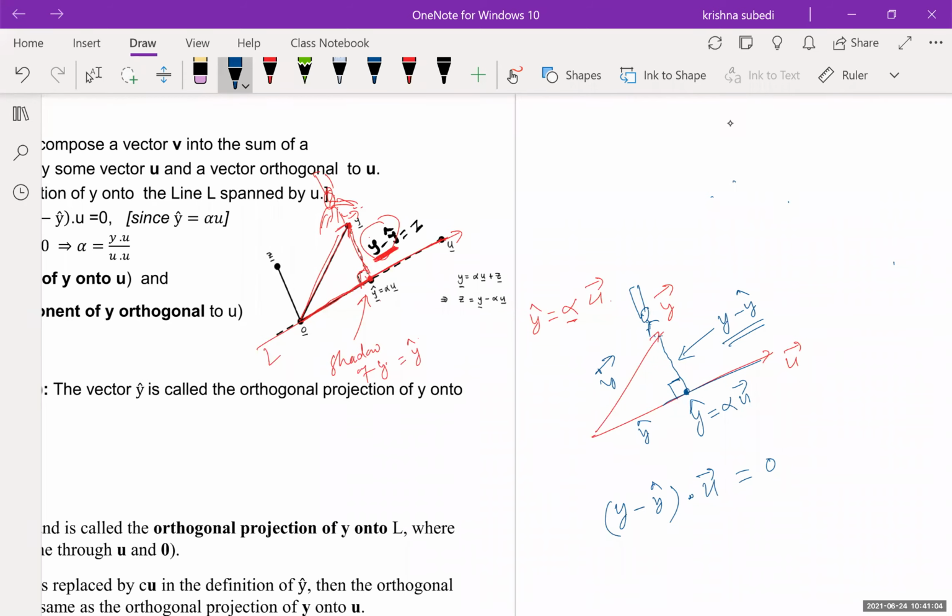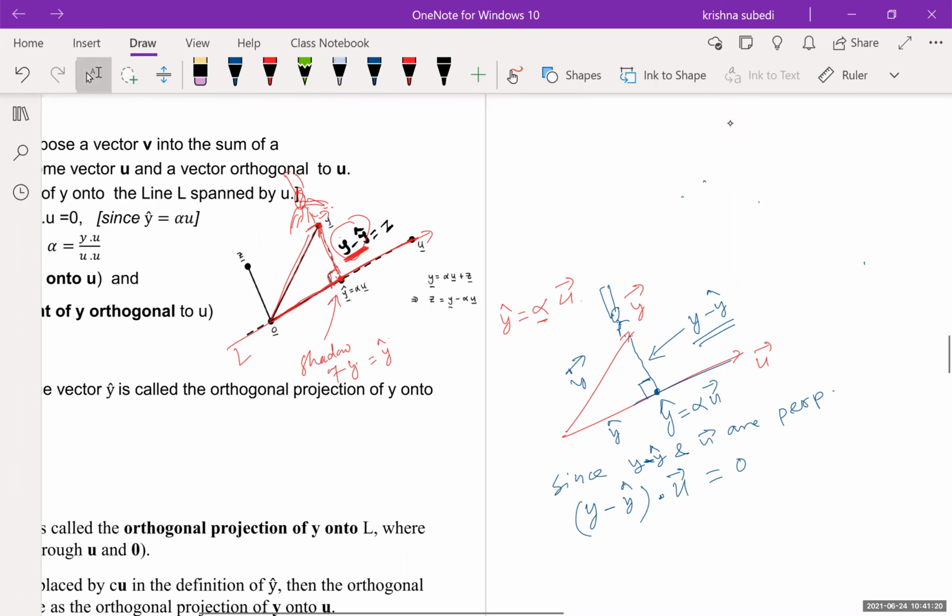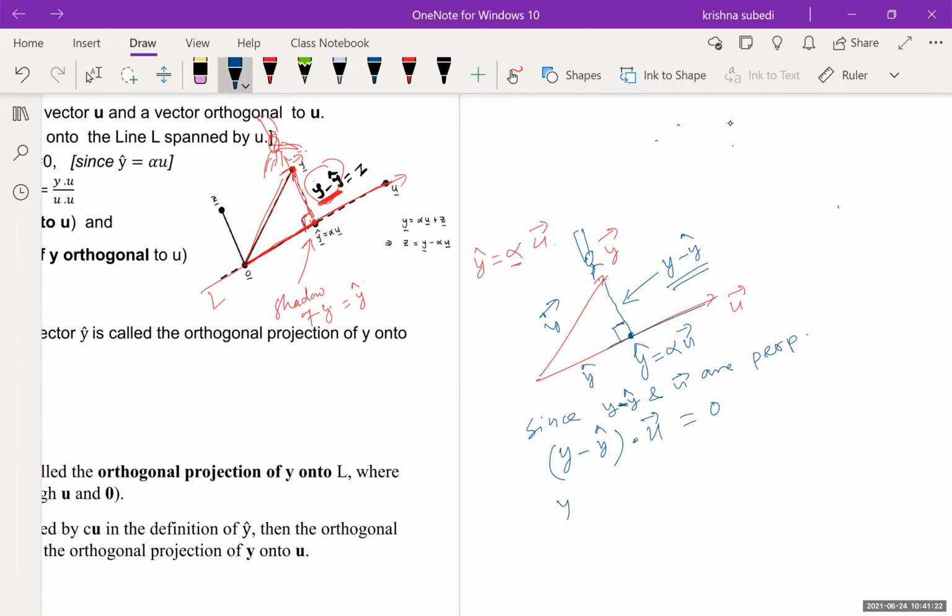Does that make sense to everyone? Since y minus y hat and u are perpendicular, we can write that the dot product equals 0. So y minus y hat, meaning lambda u dot u, equals 0.